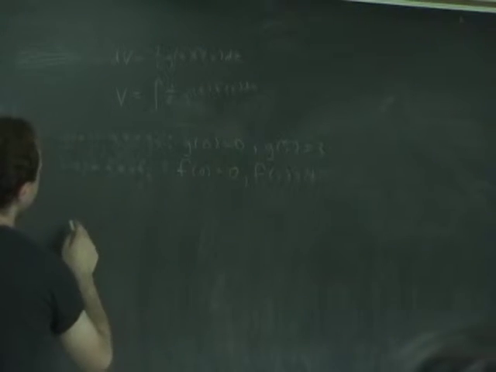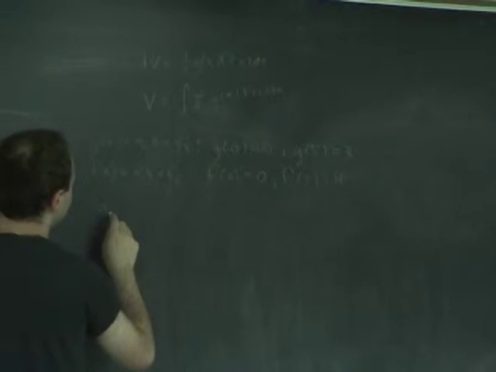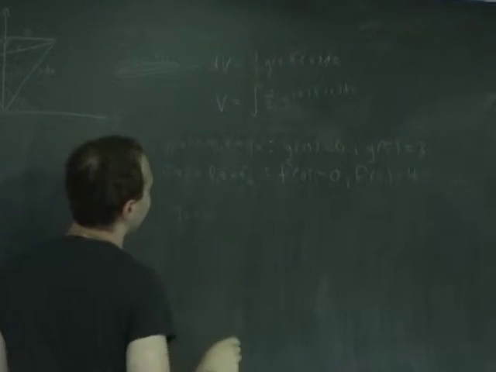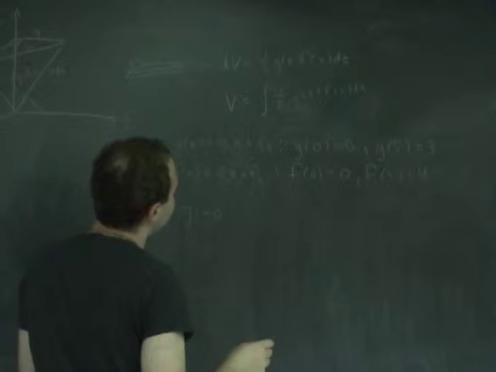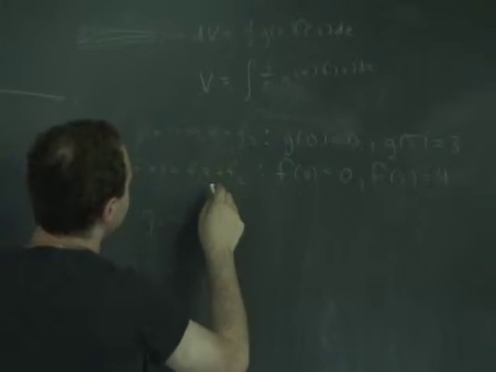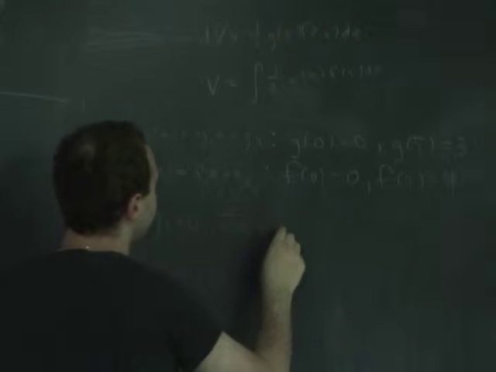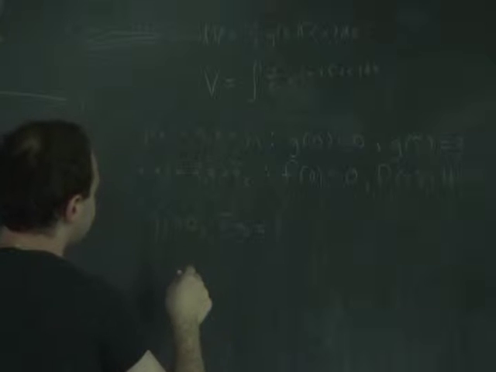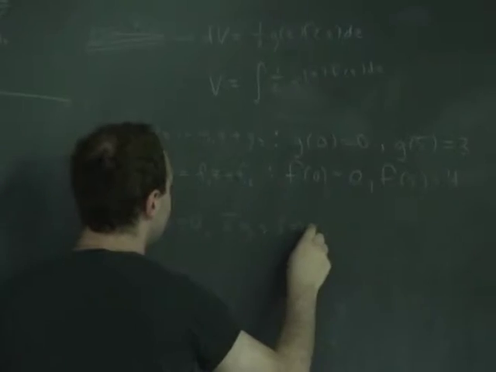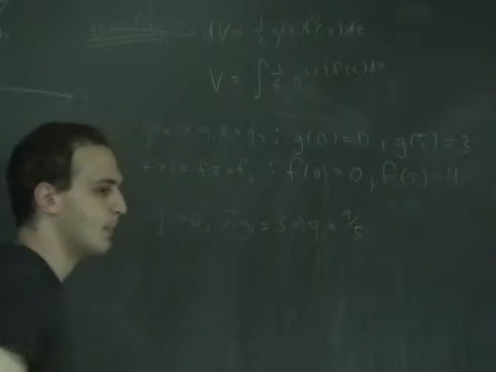G of 0 is just equal to g2. So I know that g2 equals 0. If g2 equals 0, then g of 5 is just 5g1, and 5g1 is equal to 3, so that g1 is equal to 3/5.